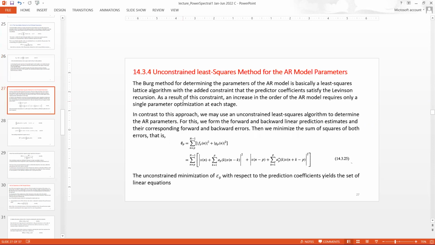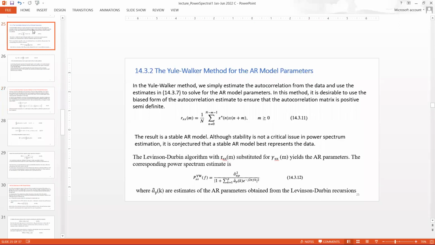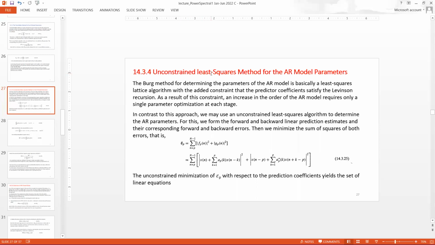We'll see the next. Then unconstrained least square method for AR model parameters. আমরা একটু আগে দেখলাম যে এটা হলো ইউল ওয়াকার মেথড। আর এখন আমরা দেখছি যে unconstrained least square method, কি জন্য? For AR model parameters.